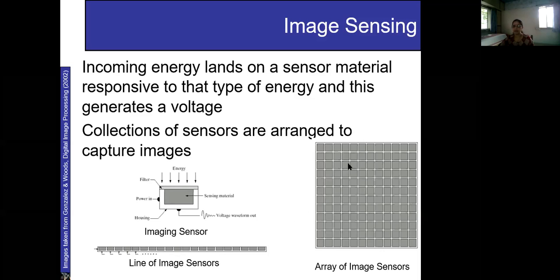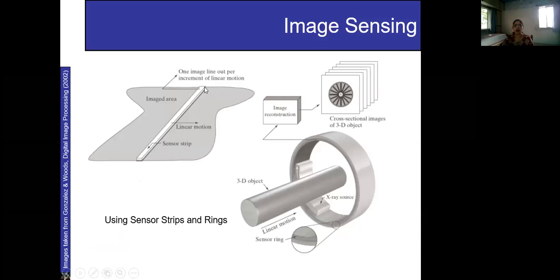Instead of a two-dimensional array, we can have a single strip sensor where multiple sensors are arranged on a strip as shown here. Now, if you have this strip of sensors, you need some image acquisition technique as shown here. If you have a single imaging line as a sensor, or a strip sensor, in order to capture this entire imaging area, it is necessary to move this strip over the entire area.